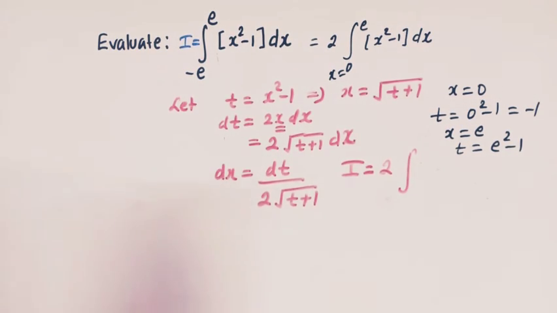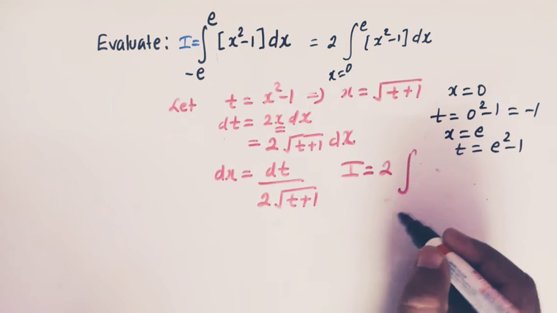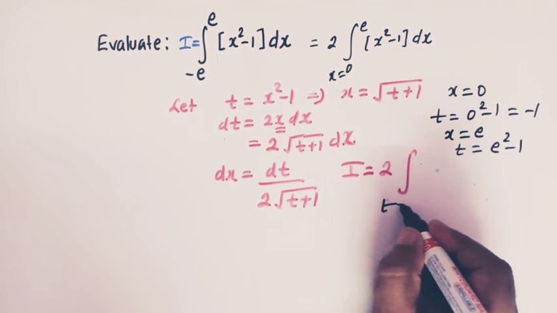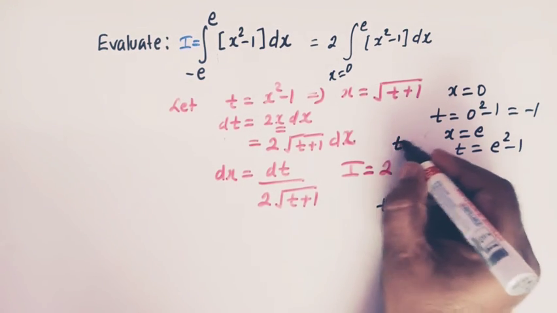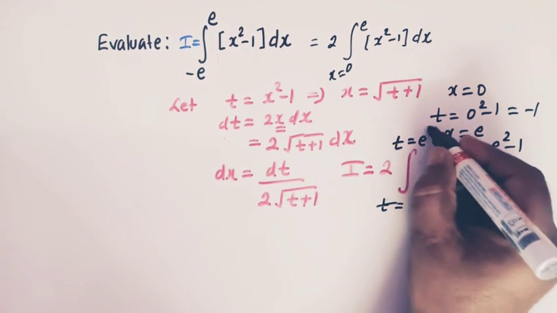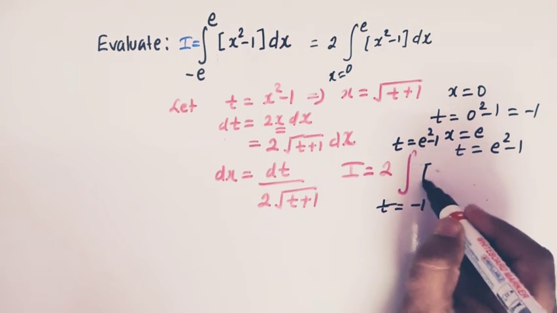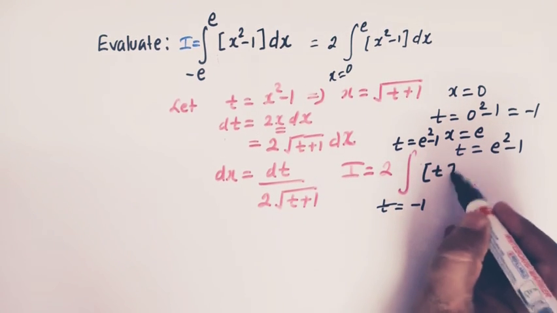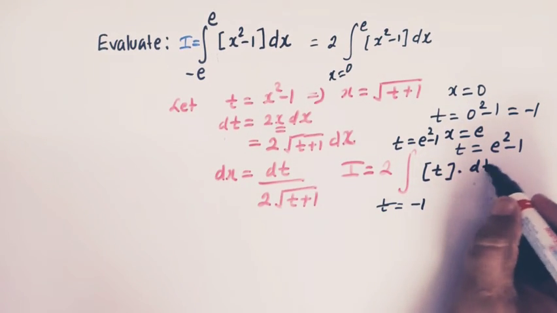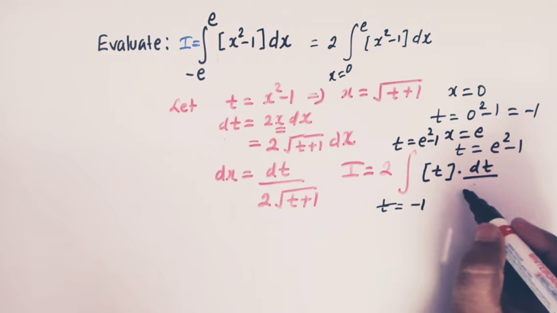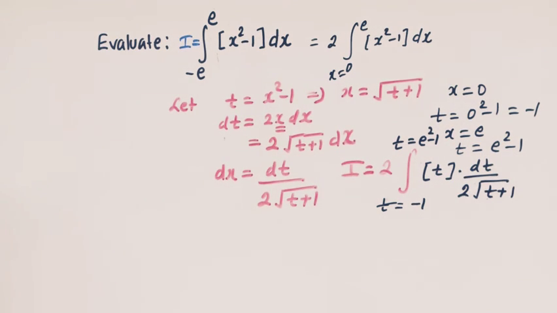So the integral is from t equal to minus 1 to t equal to e square minus 1 of the greatest integer of t, and for dx we write dt over 2 times square root of t plus 1.